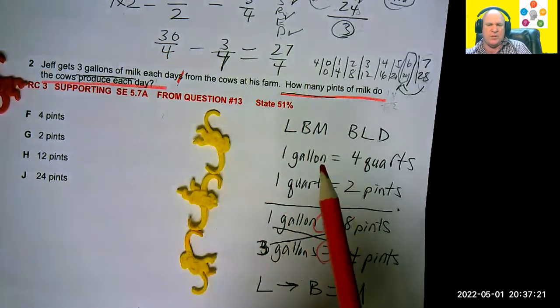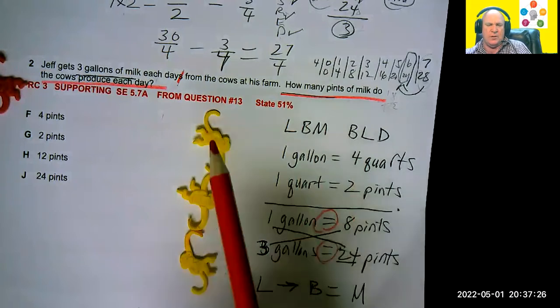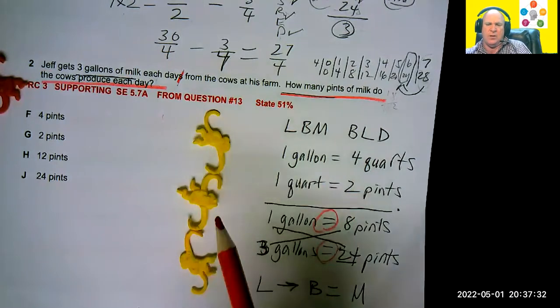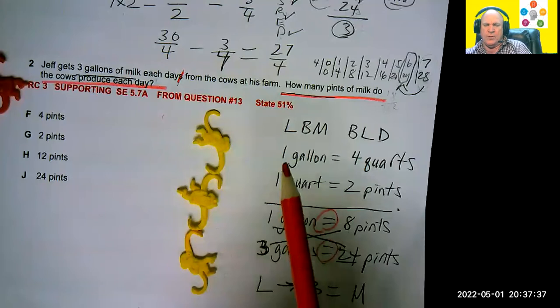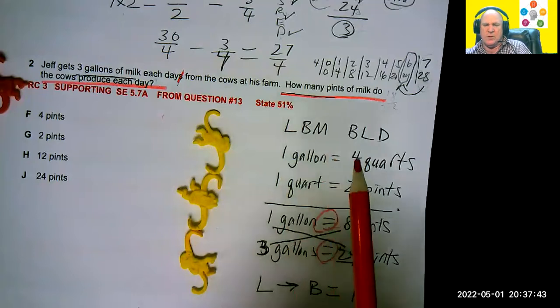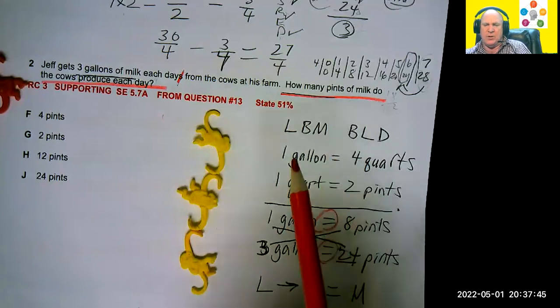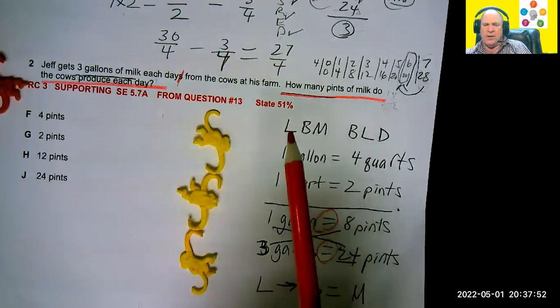So the first step, the first yellow detail, we'll call these sentences, is that 1 gallon portal is equal to every 4 quarts. So since the number went from a little number to a big number, little to big will multiply.